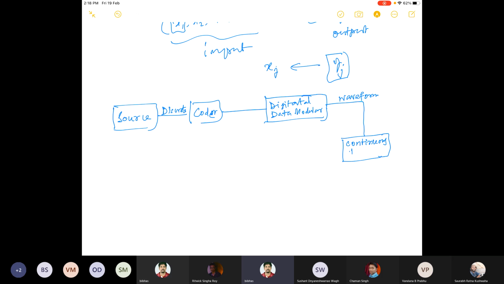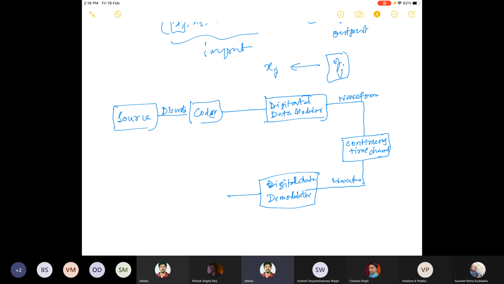Then some waveform will be received here, which is the digital data demodulator.